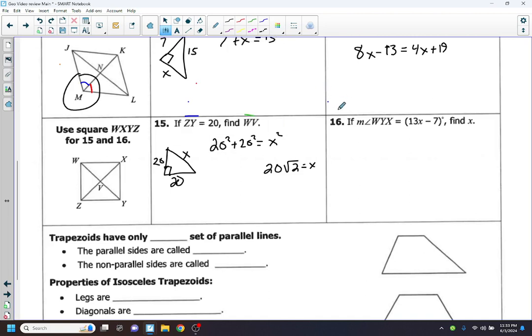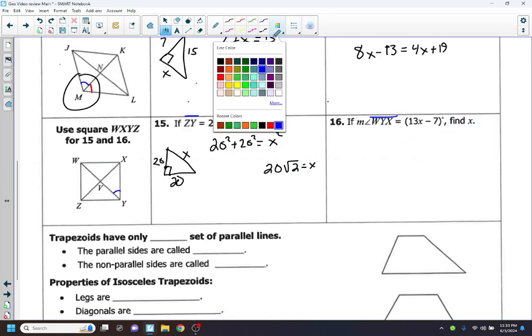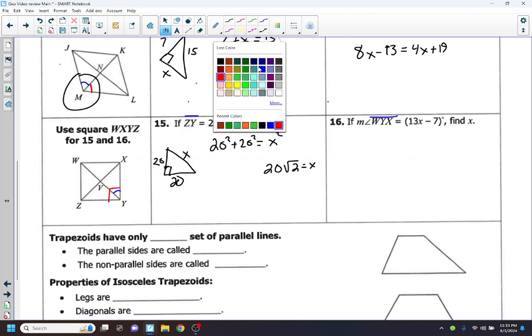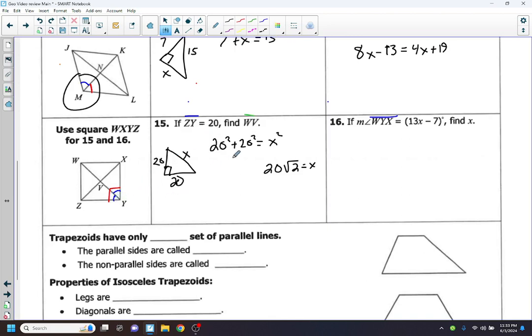All right, next one. If WYX, so this angle over here, is 13x minus 7, find x. All right, because it's part rectangle, I know this is 90 degrees. And because it's part rhombus, I know this angle matches this angle. They're congruent, they're being bisected.